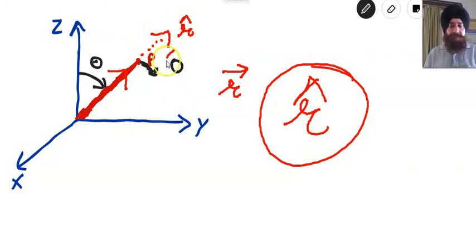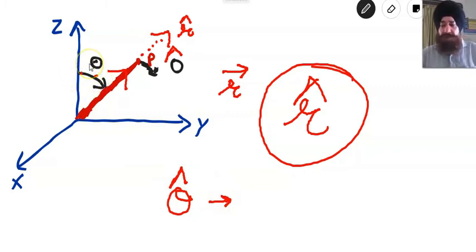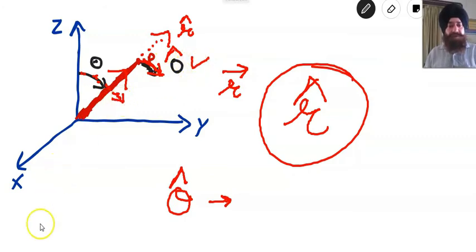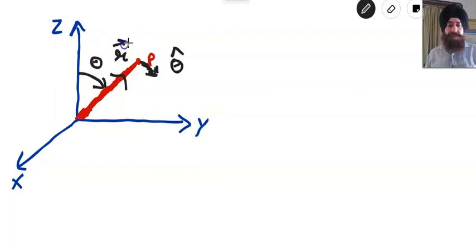And what is theta cap? Theta cap is a unit vector along the direction of increasing theta. Theta is the zenith angle and it is increasing along this side. So this will be the direction of theta cap, along the direction of increasing theta. This is r vector, this is r cap.